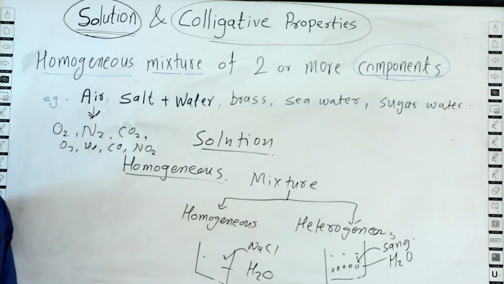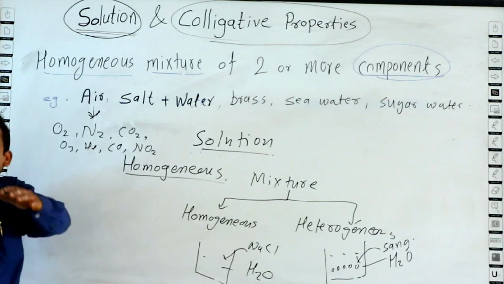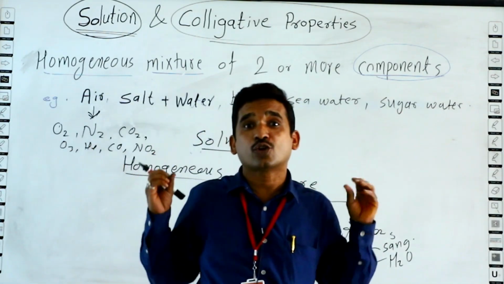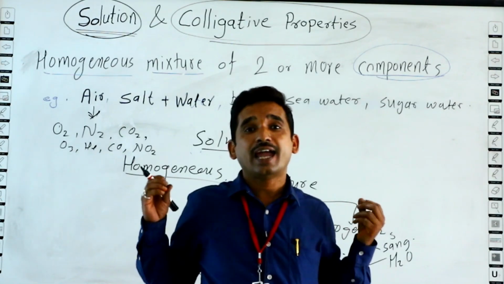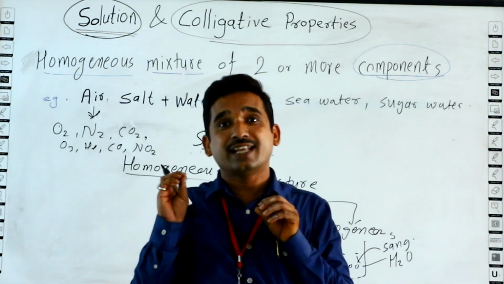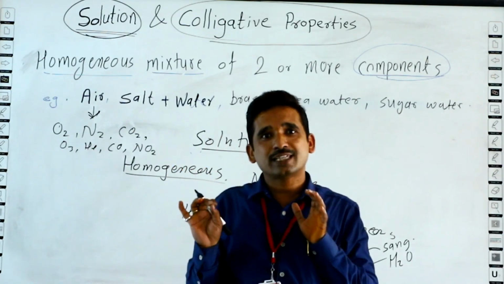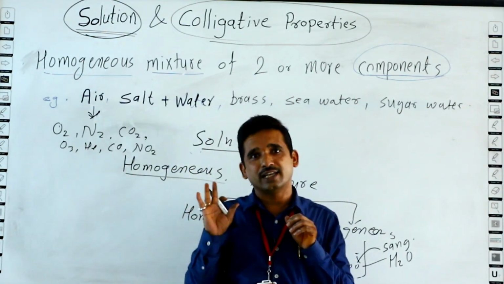If there are many gases present in air, how are they homogeneous? Yes, these are homogeneous. Suppose this is a container, this is a room. In this room there are so many gases, and all these gases are present in a homogeneous manner. All are present in a single phase.